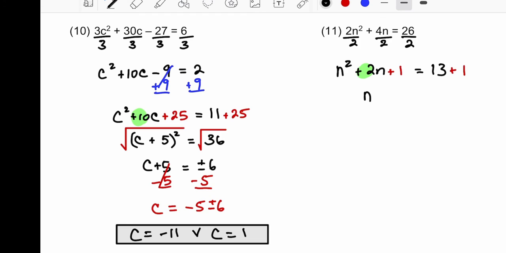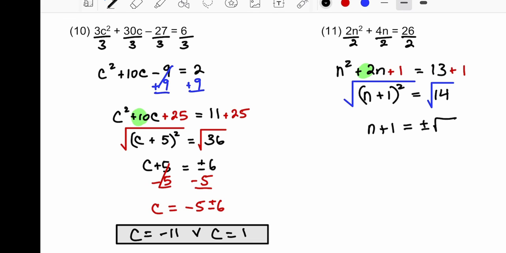So n plus 1 squared is equal to 14. Root both sides. N plus 1 is equal to plus or minus rad 14. Then the only thing left would be to subtract a 1 from both sides, a step that you don't really have to show.